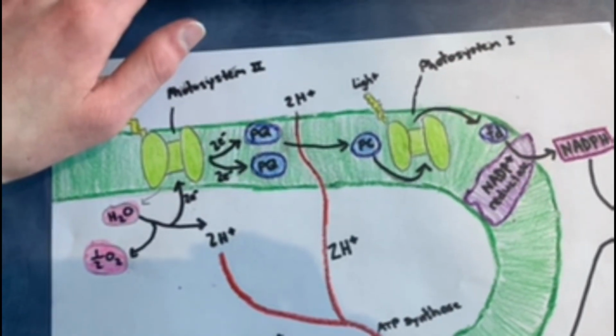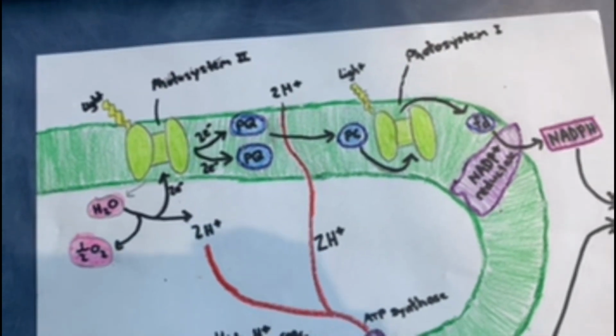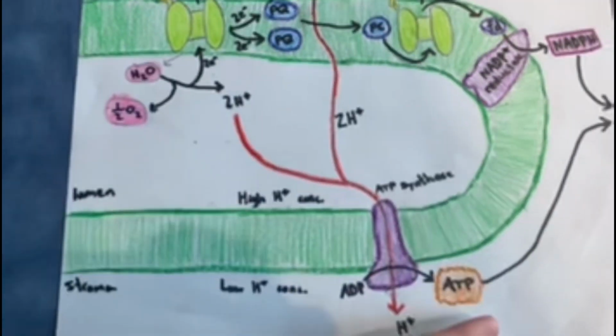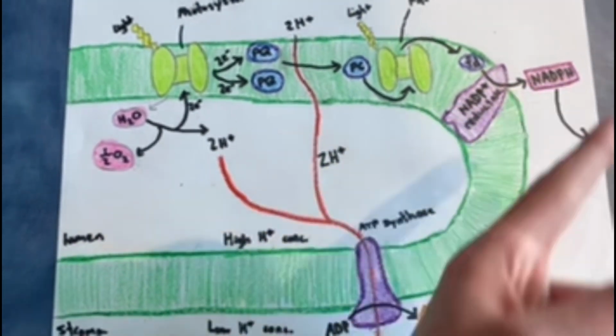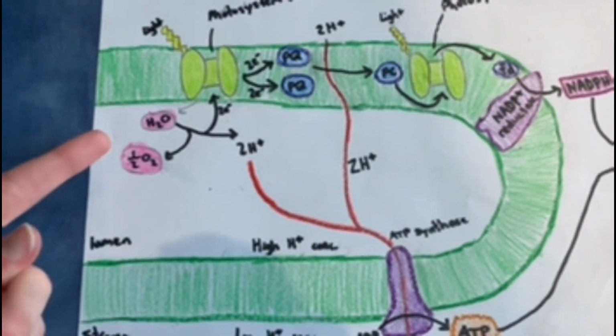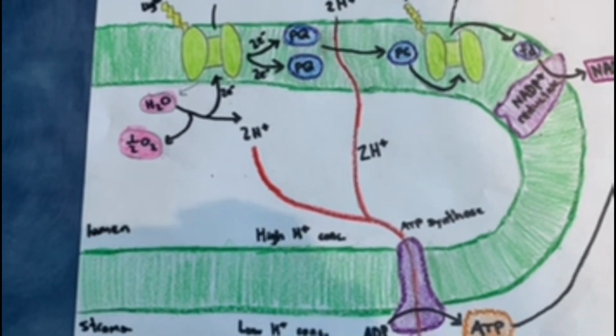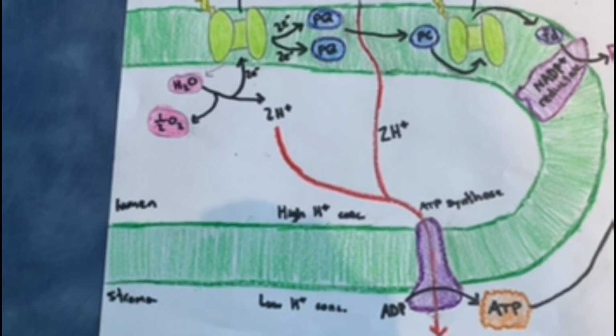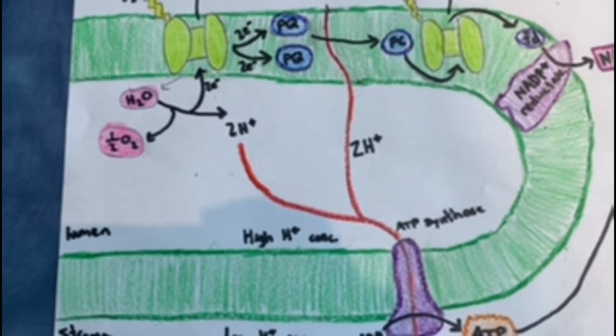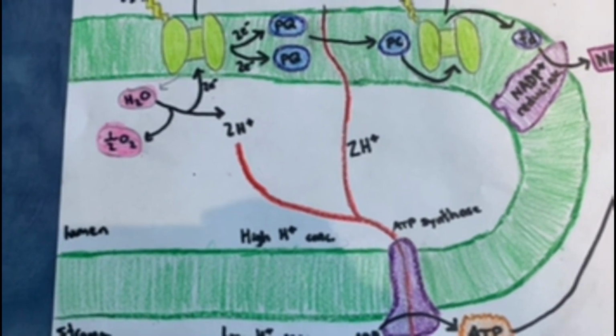The final products of the light-dependent reaction are the ATP and the NADPH and the O2 that is released as waste. The last part of the light-dependent reaction is cyclic photophosphorylation.